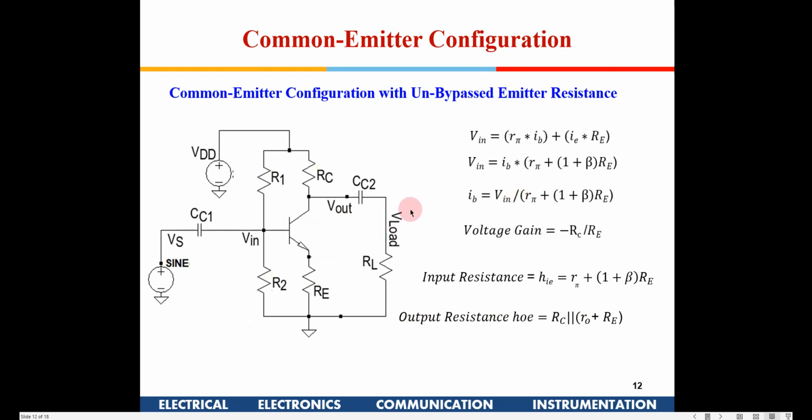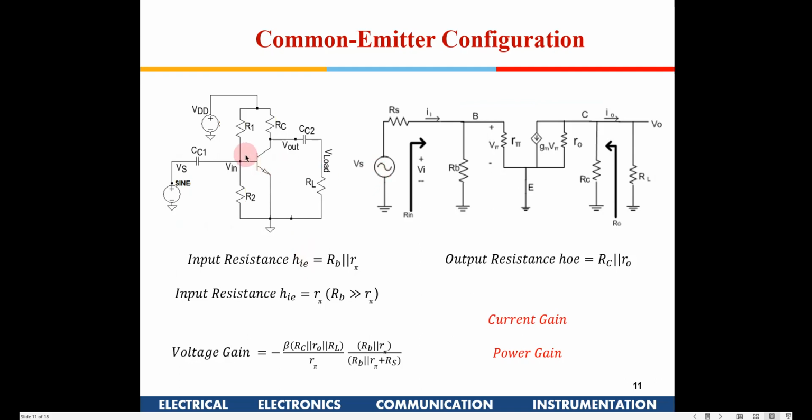Now in the last class we saw that merely connecting R1 and R2, giving a bias voltage here, this particular transistor does not have a stable DC operating point. That means IB will fluctuate a lot with temperature in this particular configuration.